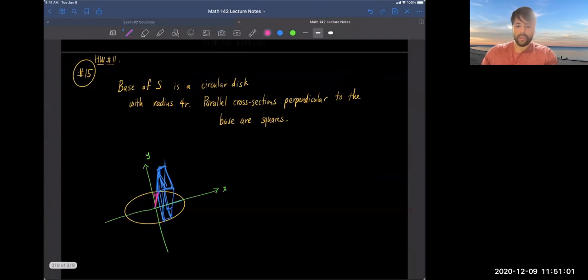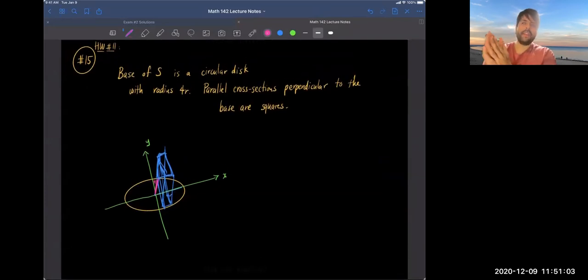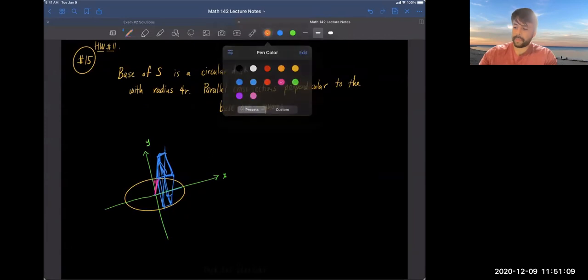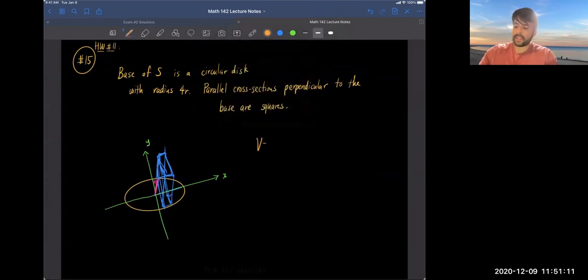Now, if I know the cross sections of this volume, how do you find the volume? The volume of any solid, if I know each cross section, is given by this formula: the integral from a to b of A(x) dx. And remember, A(x) represents the area of cross sections.